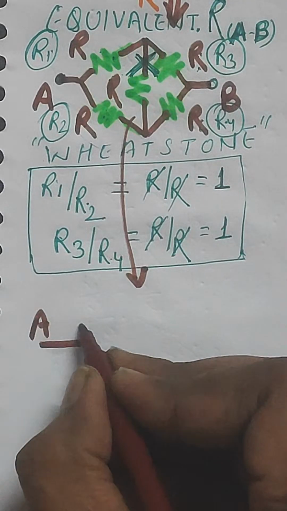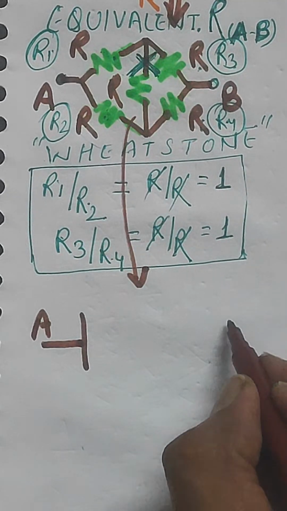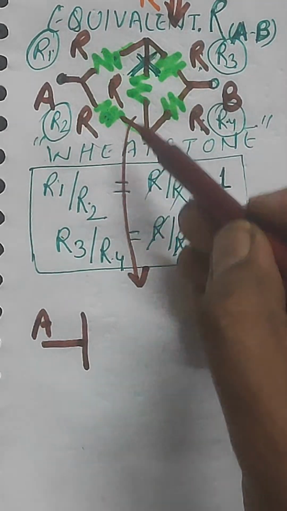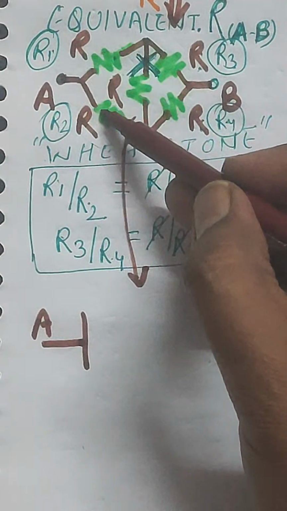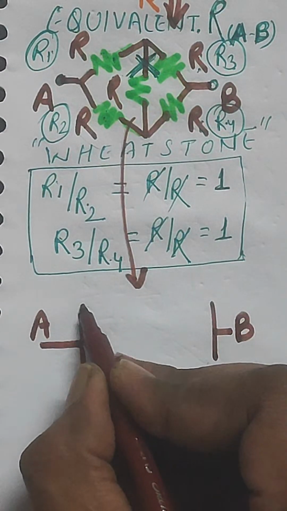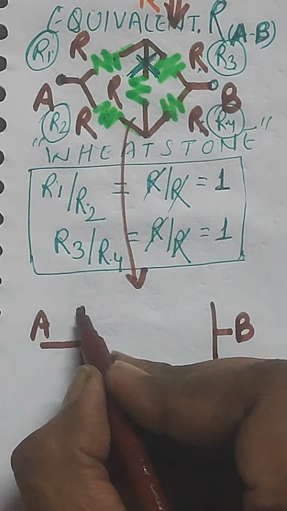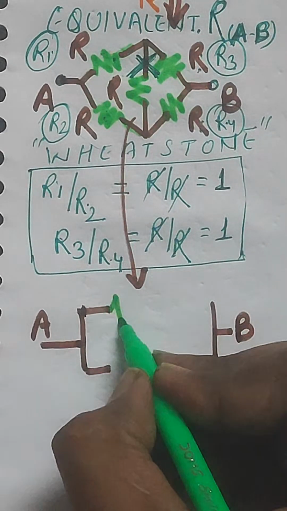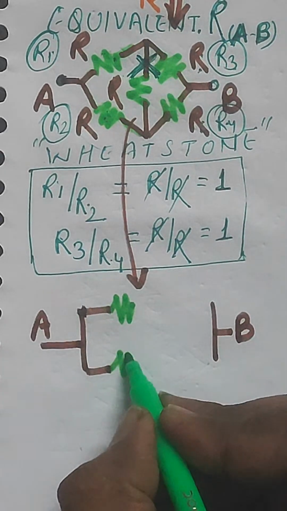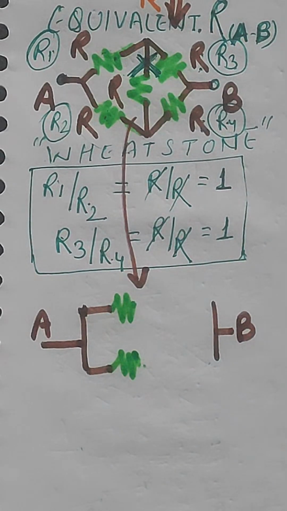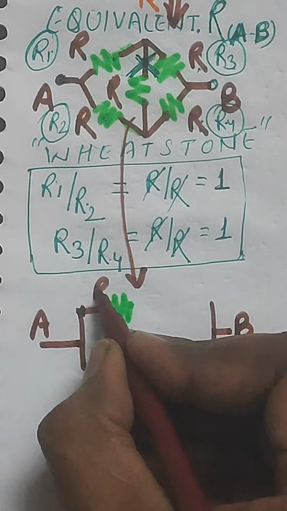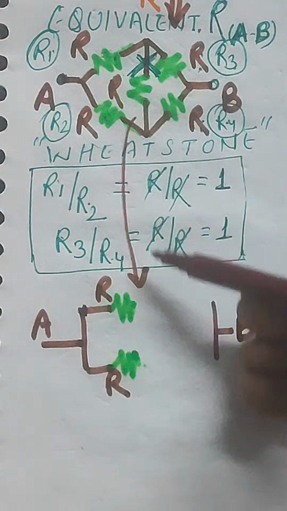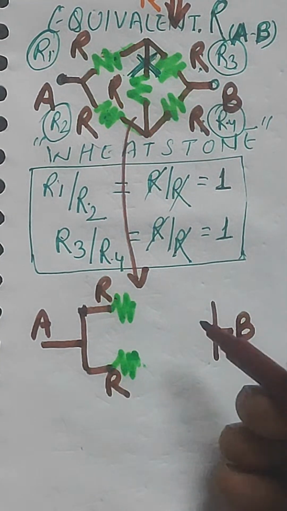A from here, and actually here it's B, and you can see two R's connected: one from A, one R going on the top, this one, and one R into the bottom. These are these two R's which are coming over here.